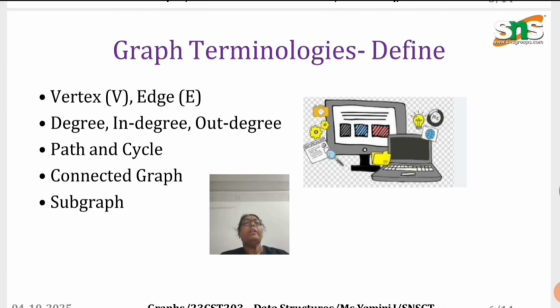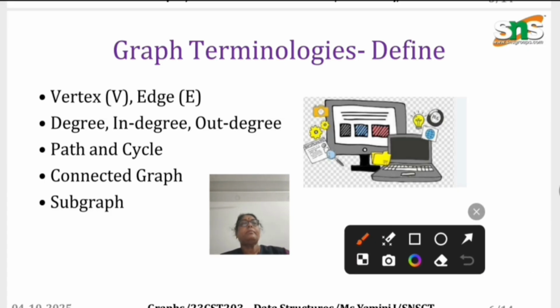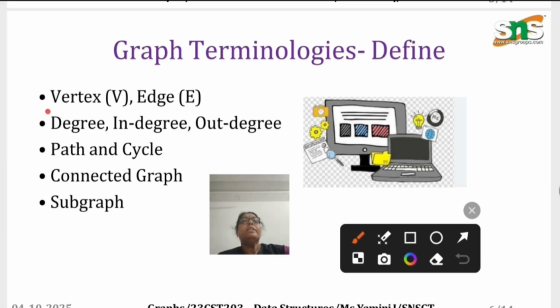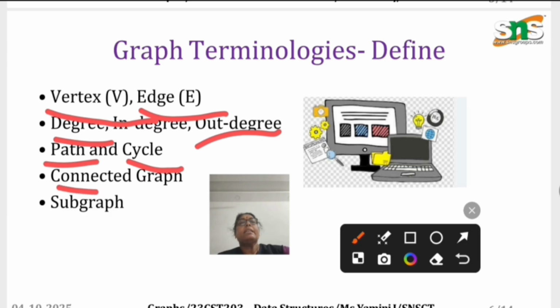Next one, graph terminology. Let's get familiar with some basic terminologies. First one, vertices V, edges E. Next, in-degree, out-degree, path, cycle, connected graph, and subgraph. First one, a vertex.